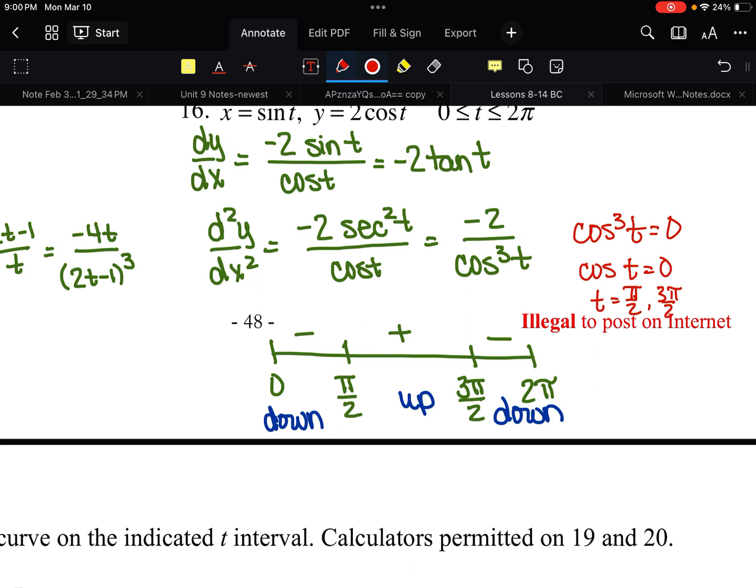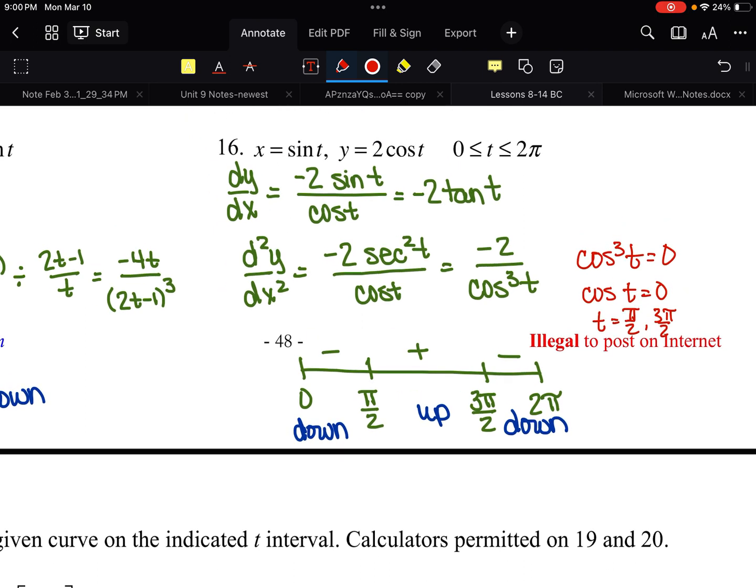So then you just need to plug in numbers from each section. Plug in something between 0 and pi over 2, like pi over 4, or pi over 6, or like 30, 45, or 60 degrees. So if I were to plug in, I don't know, pi over 3, then that would be negative 2 over, let's see, x coordinate for pi over 3 is a half cubed.